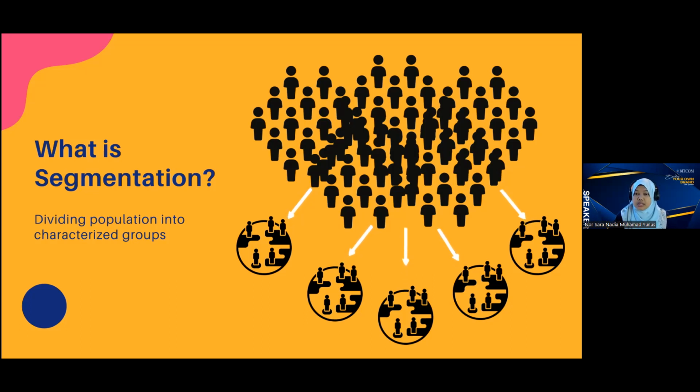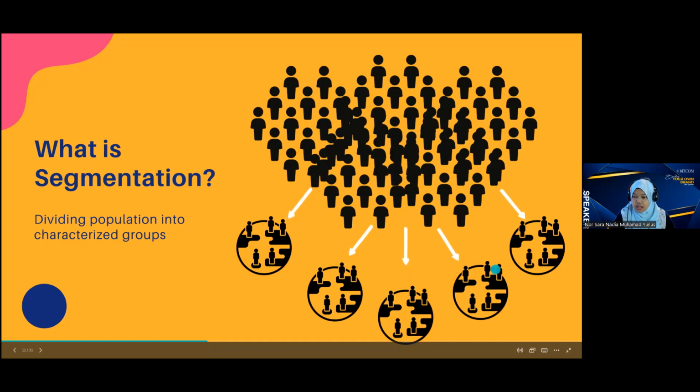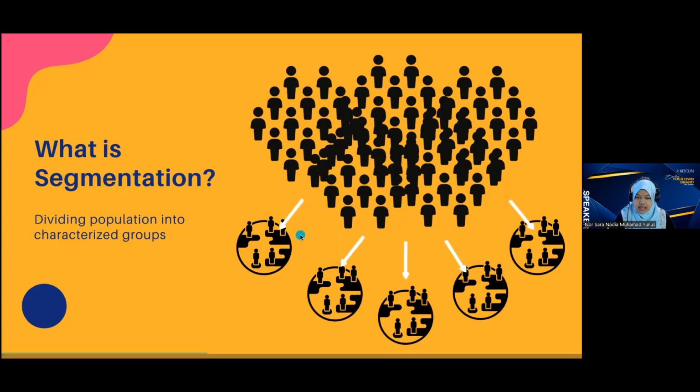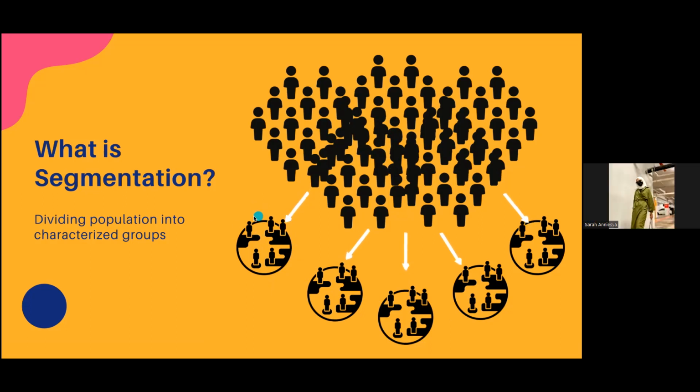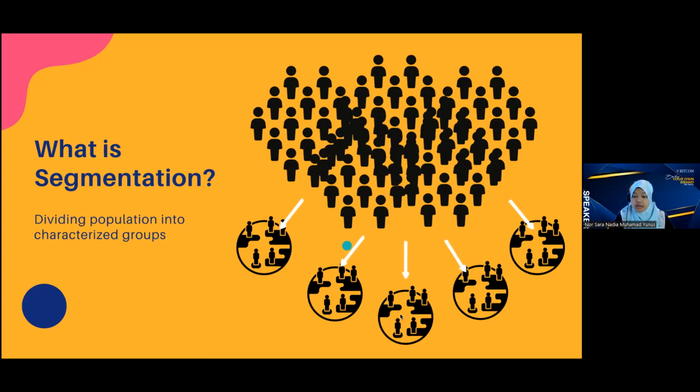As you can see in the picture I share in my slide, this population is big, right? Segmentation is a process where we divide and separate this population into different subgroups, and these subgroups are set with different characteristics. This group's characteristics are totally different from this group and this group.